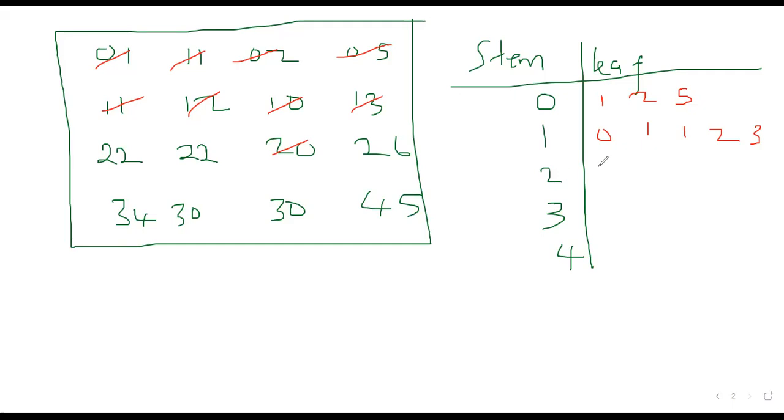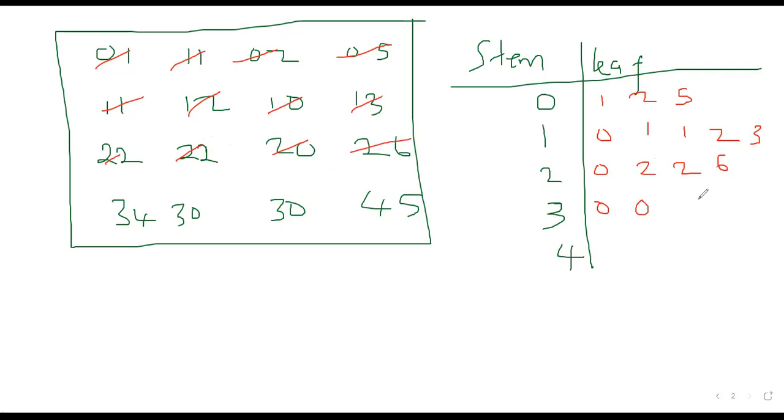So 2 and 0. The next one is 22, so 2 and 2, and another 2 and 2. Then we have a 6, that is 26, correct. On the 30s, we have a 30, so we have a 0 there.